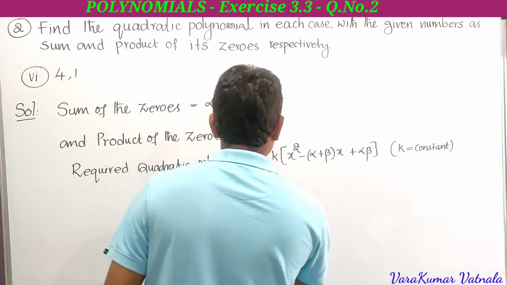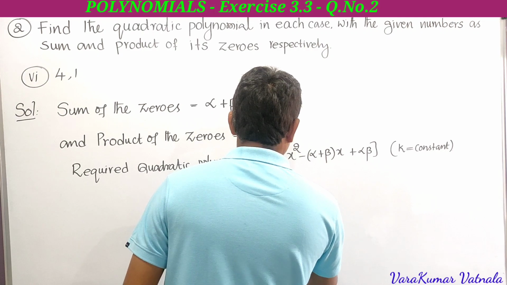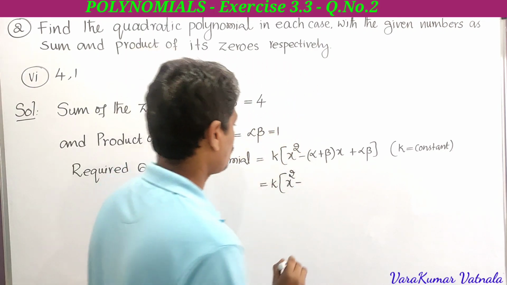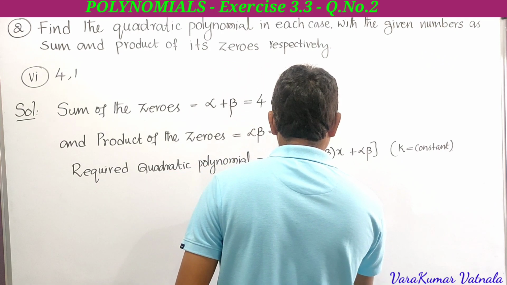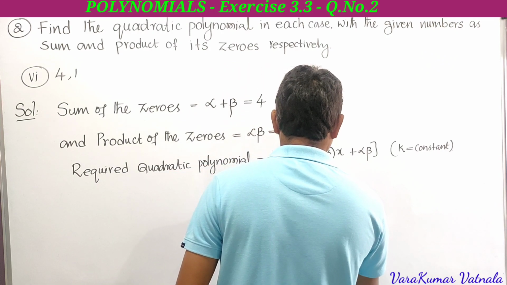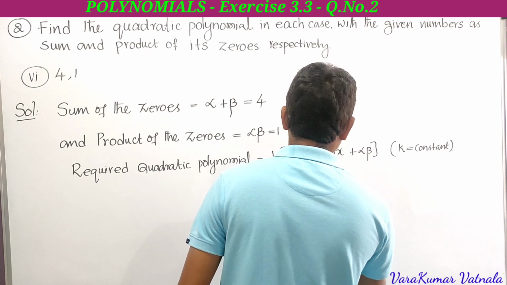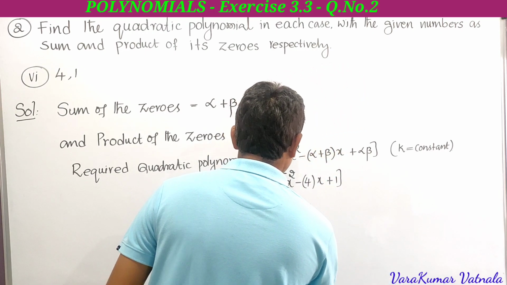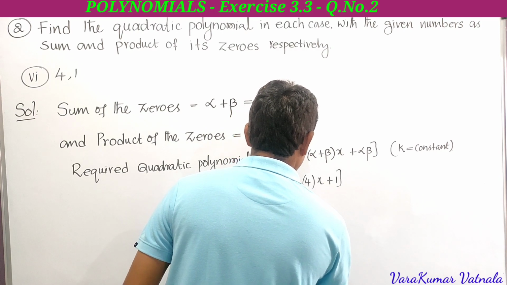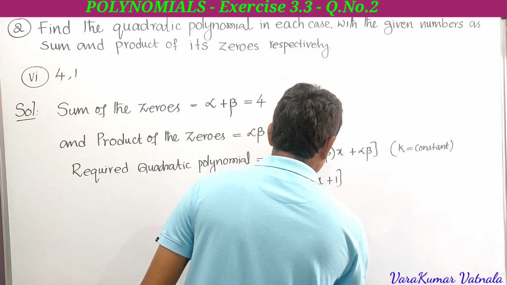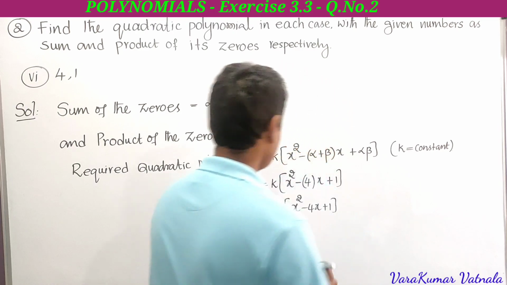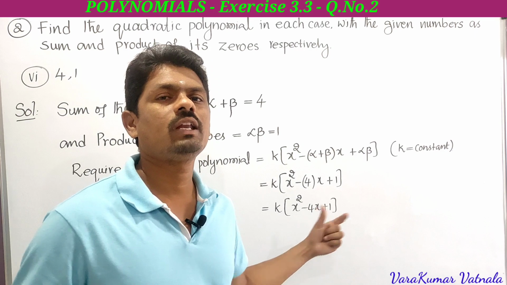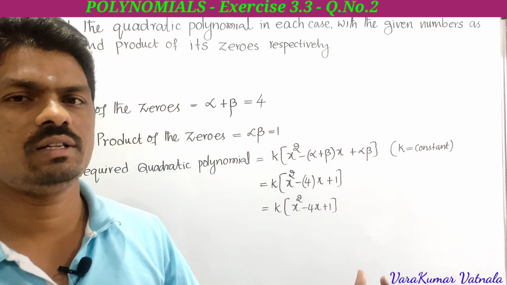So see here, I am substituting k into x square minus (alpha plus beta, which is 4), so 4 into x, plus alpha into beta, whose value is 1. So simply we get k into (x square minus 4x plus 1). So this is the required quadratic polynomial. For different values of k we can get different quadratic polynomials.